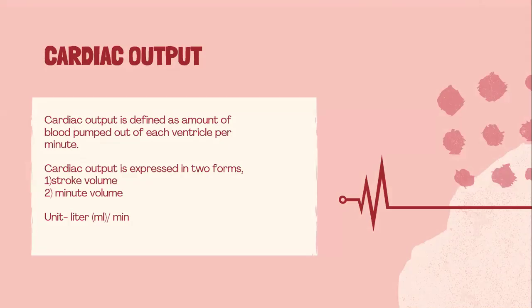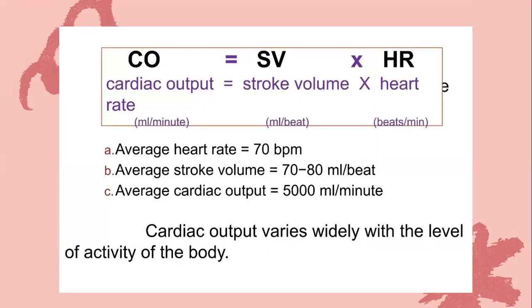Now we go into today's topic, cardiac output. What is cardiac output? Cardiac output is defined as the amount of blood pumped out of each ventricle per minute, and we can express it in two forms: stroke volume or minute volume. This is the equation we use to calculate cardiac output: stroke volume times heart rate.